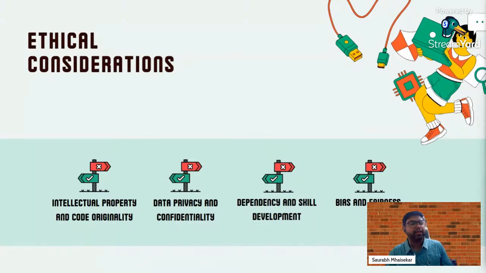Third thing is dependency and skill development. While GitHub Copilot can improve your productivity almost hundredfold, there's an ethical dimension that it can create a dependency sometimes. Relying too much on the AI Copilot could impact your development and problem solving skills in general.